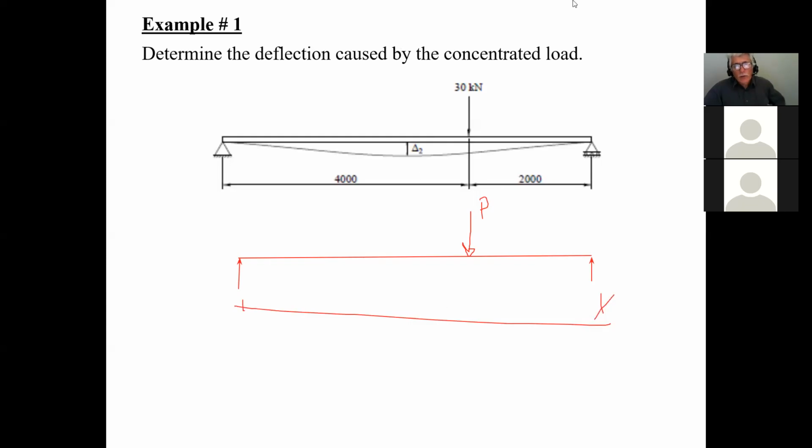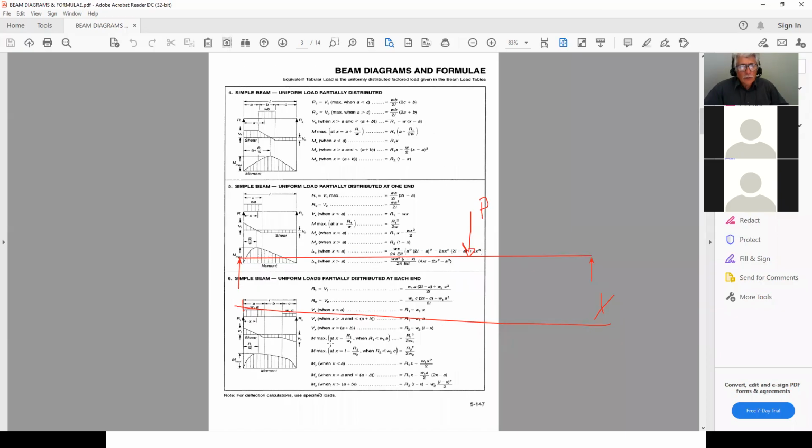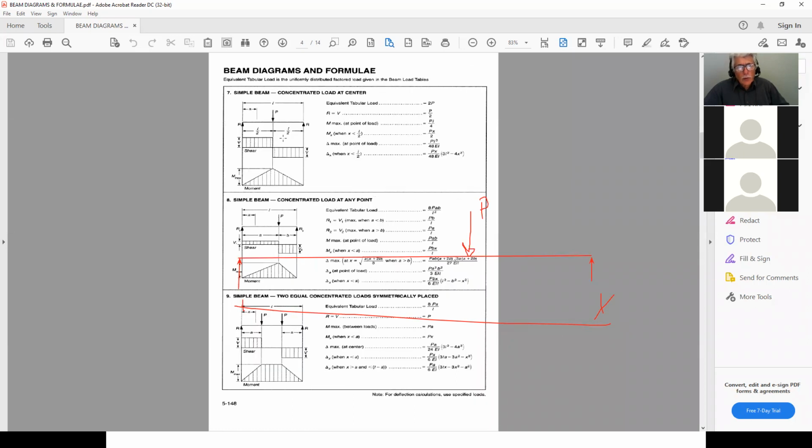So what I'm going to do now is go to the beam formulas and look for a diagram that corresponds to what I'm doing here. So if I go down, this is no good, this is no good, this is no good. Well, this is no good, that's no good, that's no good. Oh, that's no good because it's right in the middle. I don't have mine in the middle, but this looks good.